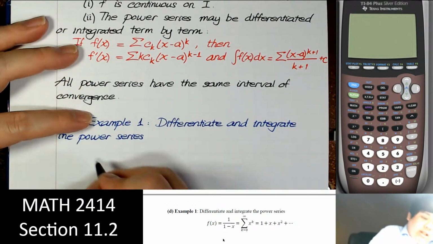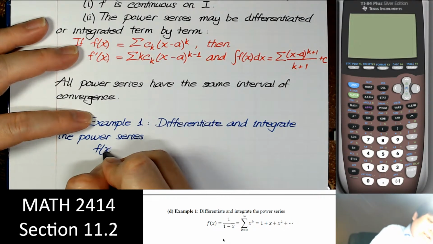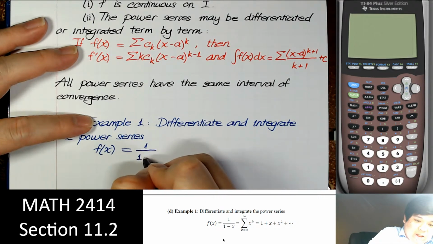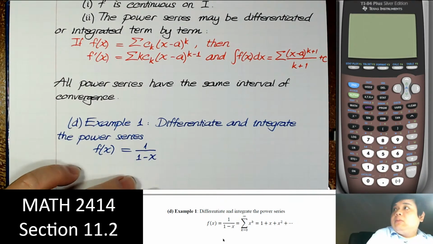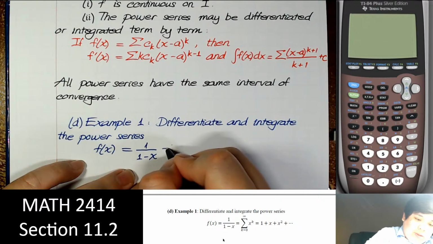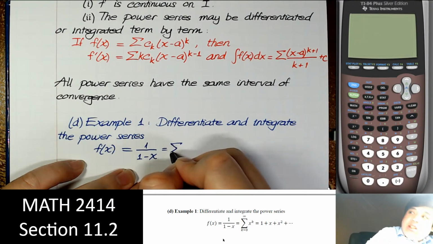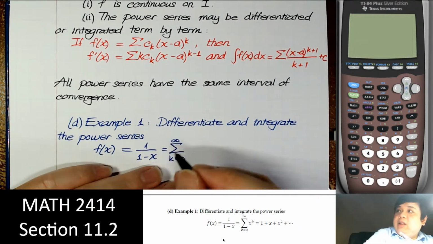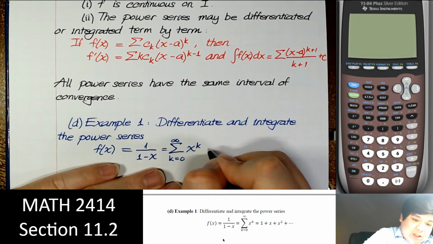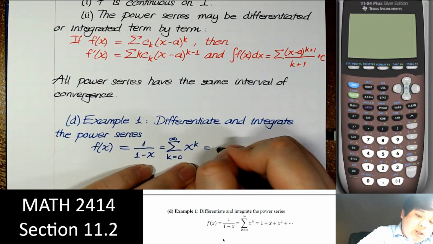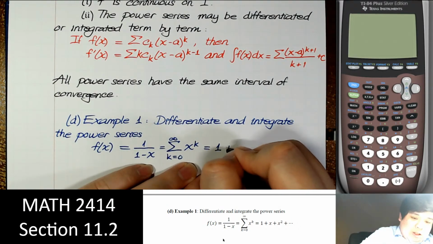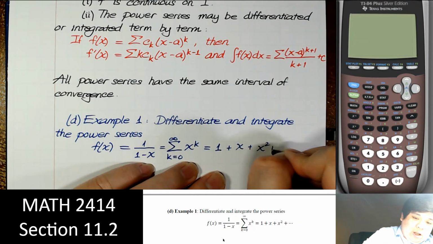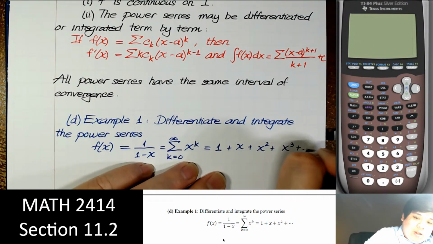Let's say we have this function f of x equal to 1 over 1 minus x. And because we know that series is equal to the sum from k equal to 0 to infinity of x to the k, which when we write out is 1 plus x plus x squared plus x cubed plus dot dot dot.